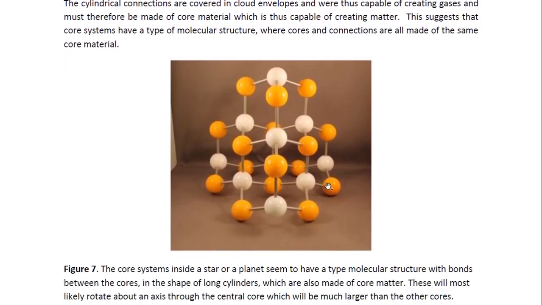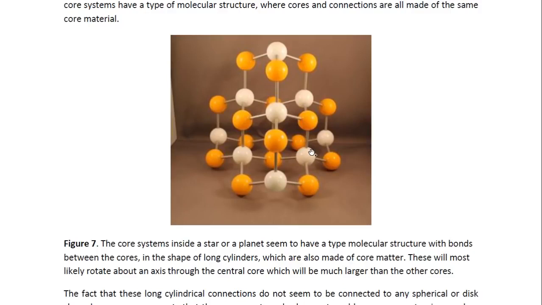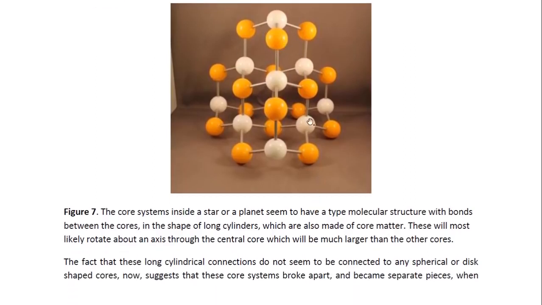So this illustrates what I think we actually have inside of a star or a planet, except that we most likely have a very large core in the center, and then we have satellite cores connected to it. And it seems that there are connections between them that are in the form of cylinders.